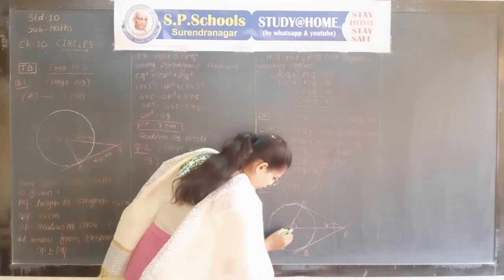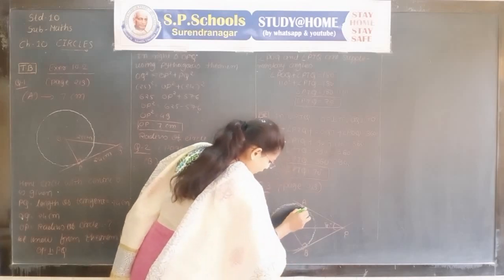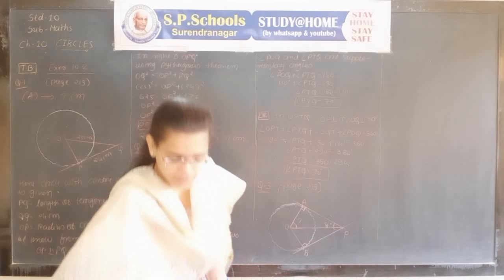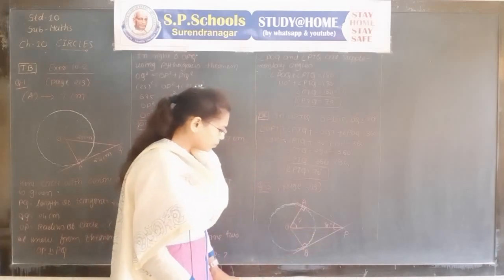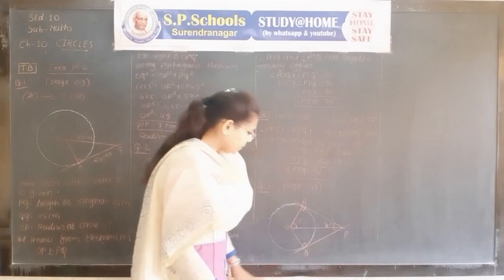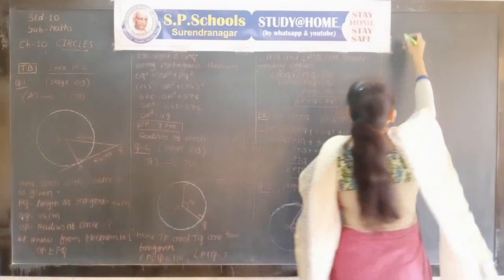Again, there are two methods. These two angles are 90 degrees. As we know, OP is a bisector of angle AOB. Angle AOB and APB are supplementary angles.